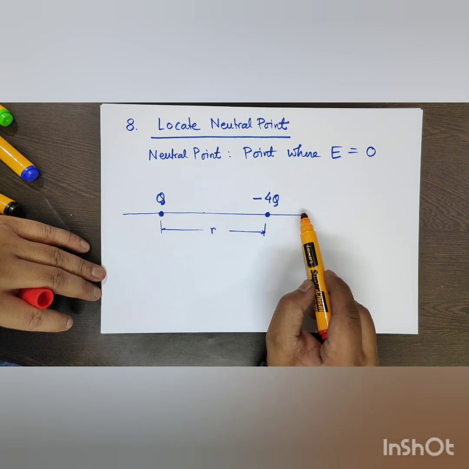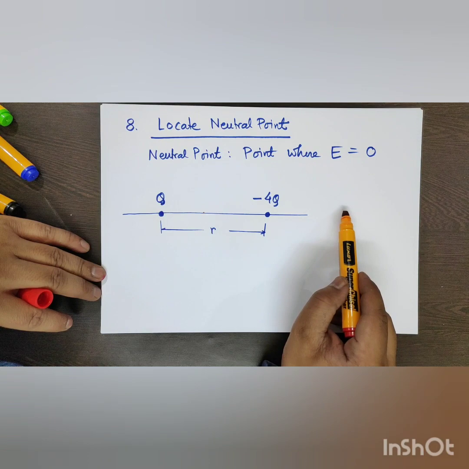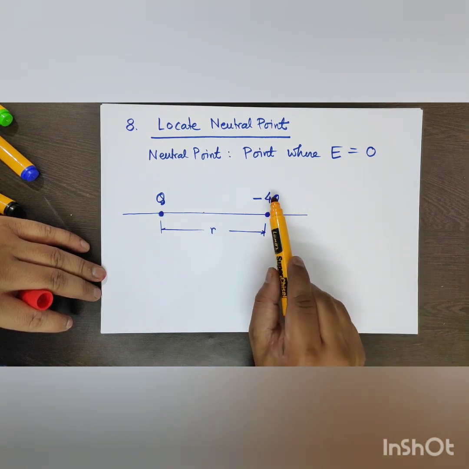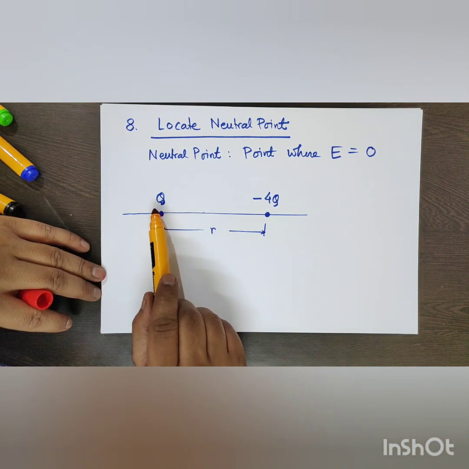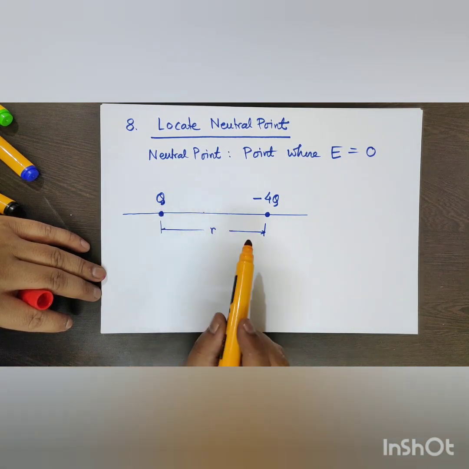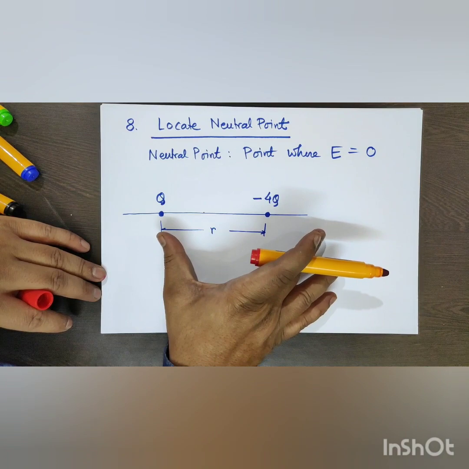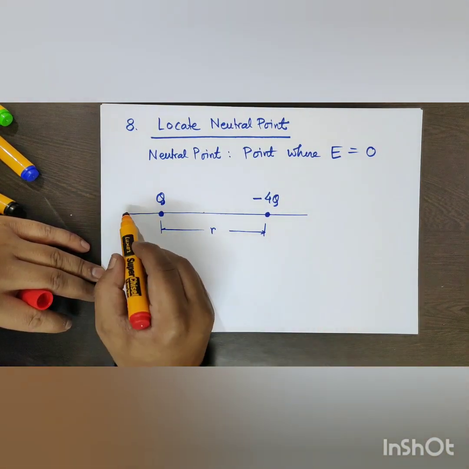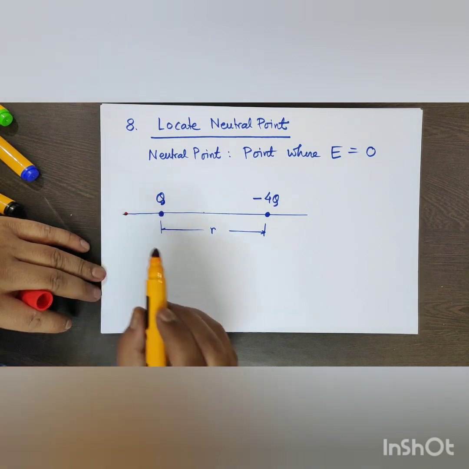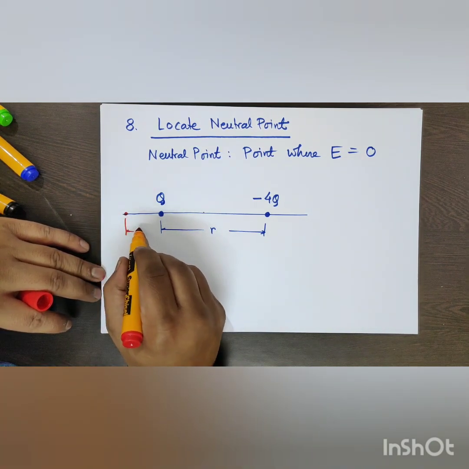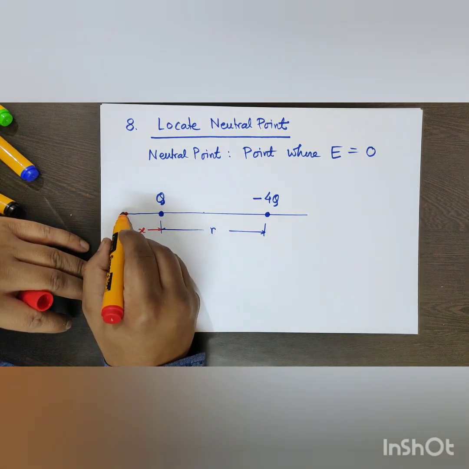If you keep a +1 charge here, this −4Q will attract, Q will repel. But the force due to −4Q is always stronger than the force due to Q. Why? Because this is a smaller charge and the distance is large. So you get a neutral point somewhere to the left, say at some distance x to the left.